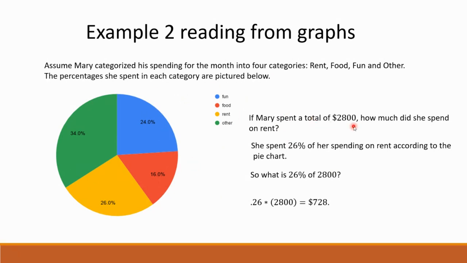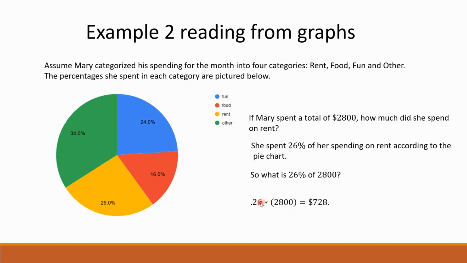So with that assumption, 24% of that was on fun, 16% of it was on food. And they want to know how much did she spend on rent. She spent 26% on rent, right? So we want to know, what is 26% of 2,800?